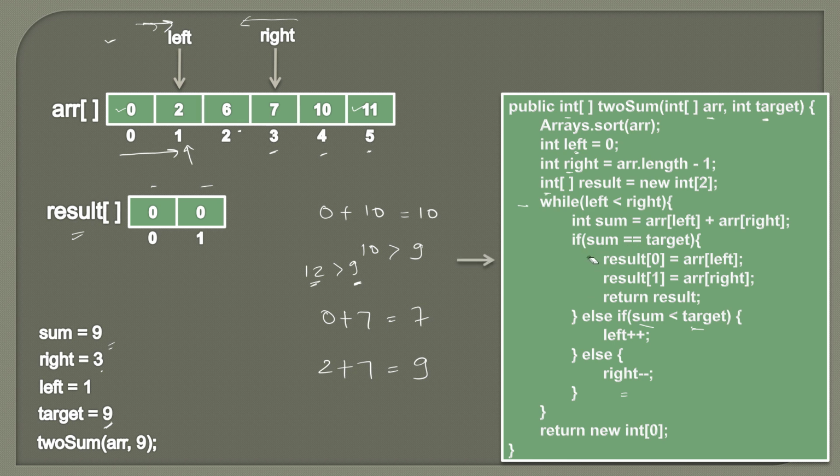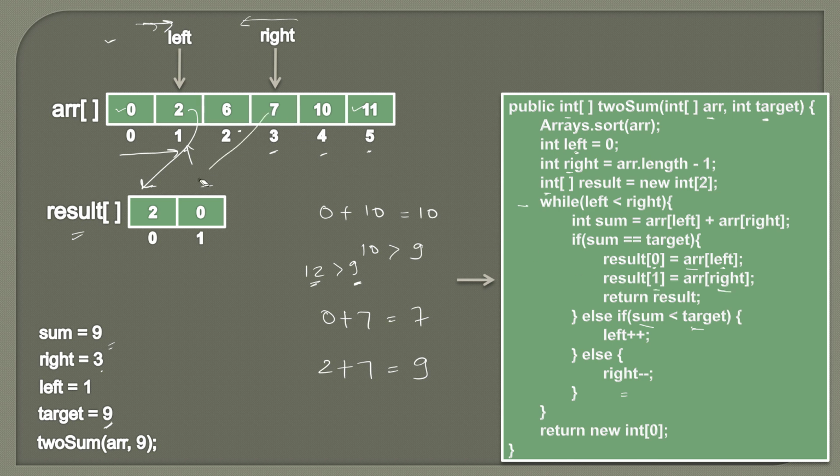In the if part, what we do is, one value is 2. So we'll simply assign the value stored at left pointer to the 0th index of the result. So this 2 will come here, and then we'll simply assign the value stored at right pointer to the first index of result.